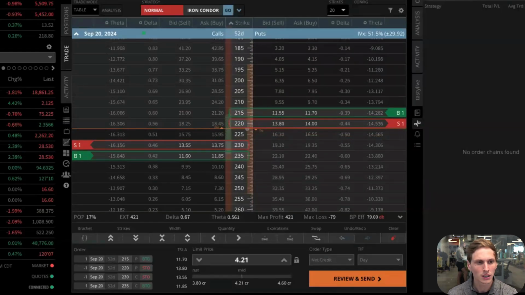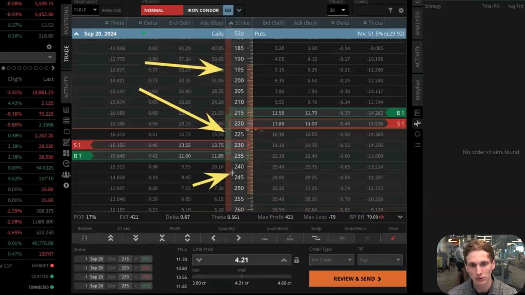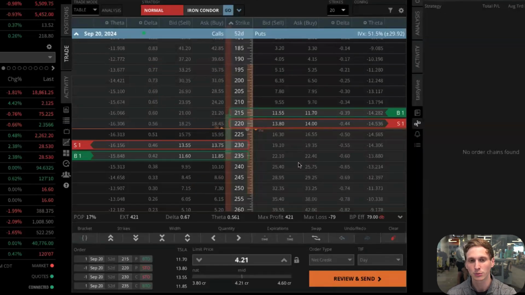So on the left here, you'll notice this red, green, and red. This is actually showing us our profit or loss zones at expiration for this trade.